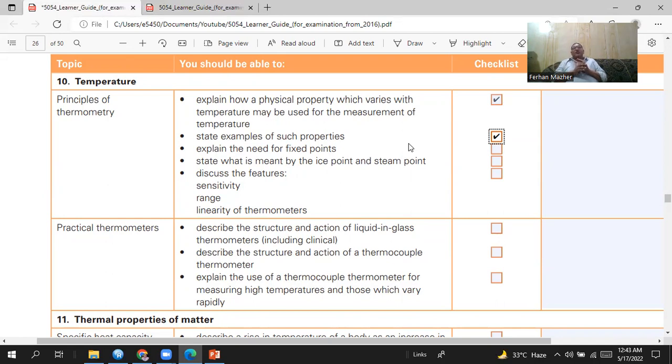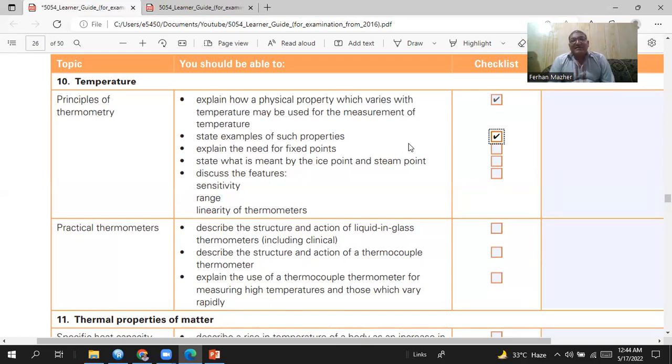For example, when you are calibrating a thermometer, it means you have no marks on the thermometer. You put the thermometer into the melting ice, and when the level of the mercury becomes steady, you mark the level of the mercury with a permanent marker or something, and we call it the ice point or the lower fixed point.